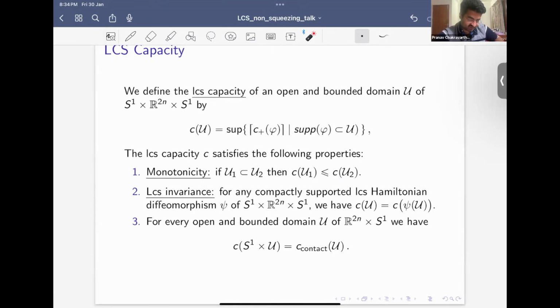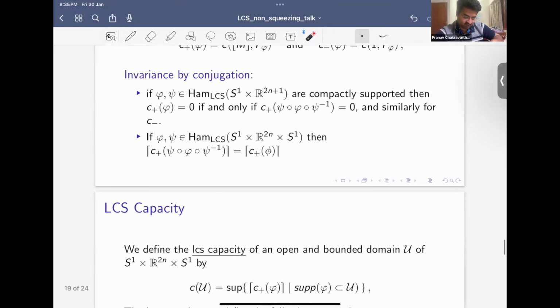Given an open set U, you can look at the supremum of C plus of phi for any phi that's compactly supported inside U. One can check easily that this satisfies monotonicity, and the LCS invariance follows because, given any LCS Hamiltonian diffeomorphism phi, C of U is the same as C of phi of U, and this follows because of the conjugation invariance of C plus and C minus.